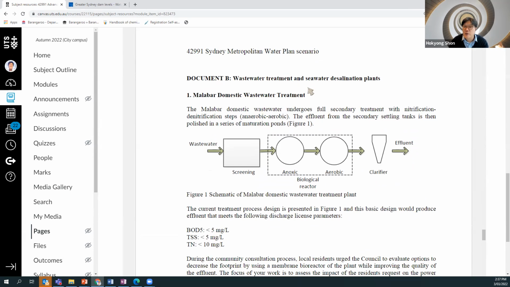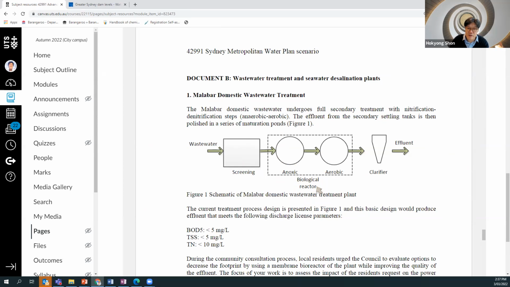For assessment two, you need to design wastewater treatment, with advanced and conventional treatment process design. Malabar domestic wastewater is treated by the typical biological wastewater treatment process. You want to convert this conventional wastewater treatment process to an advanced wastewater treatment process for your wastewater recycling.